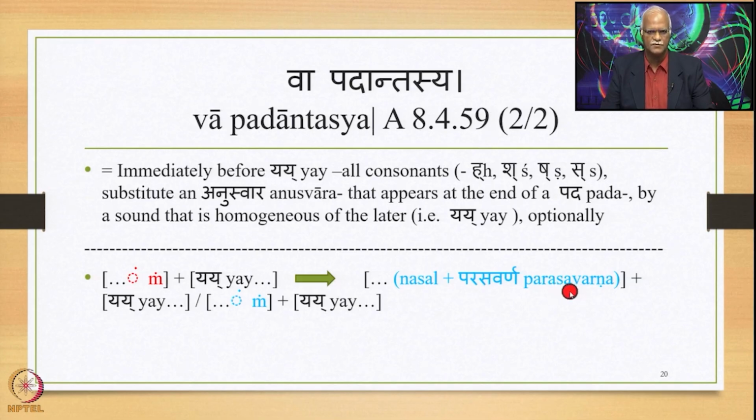What it means is that nasal plus parasavarna is one substitution, and so the output generated is nasal plus parasavarna plus yai, and optionally this will remain as it is. So you will have anuswara plus yai optionally. So there are two options that are possible as per this particular rule 8.4.59, namely va padantasya.